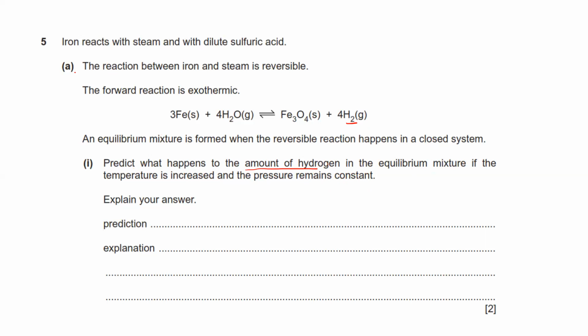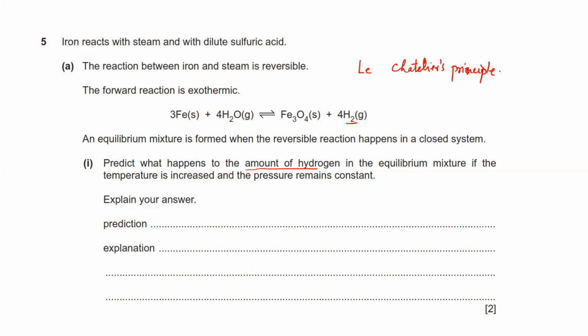So remember, amount of hydrogen is in the product part. This question is related to Le Chatelier's principle. So we have to understand that the equilibrium has to be maintained. If the temperature increases, what happens?